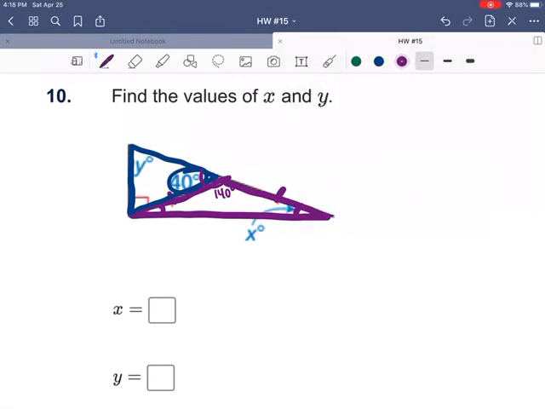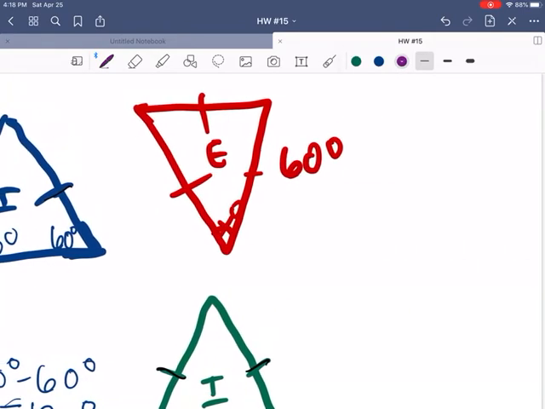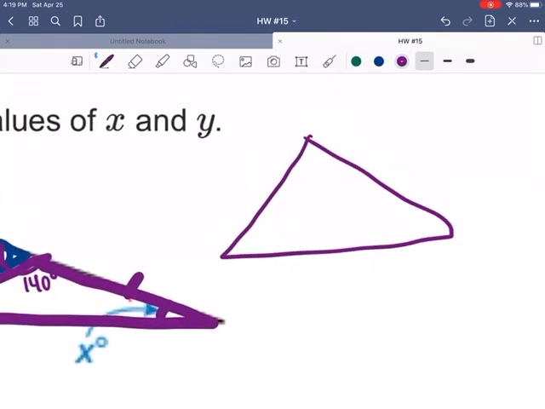That's not what we're looking for though. So let's redraw this purple one. Doesn't look quite accurate, but that's okay. Okay. This is 140 degrees. And then this is the same length as that. So this angle has to be the same as this angle.